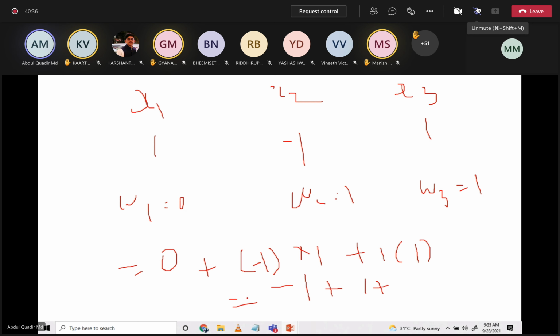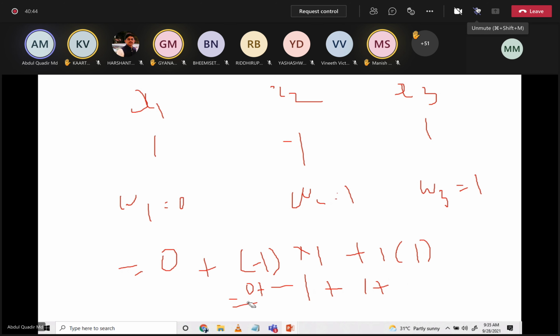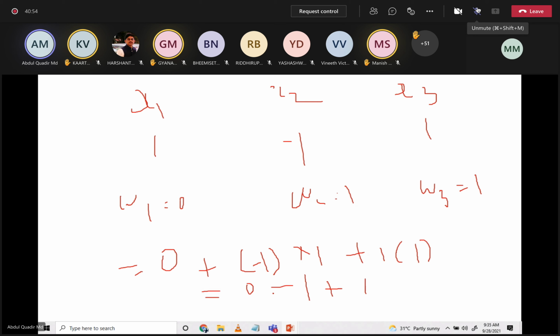So the sum is 0. Is 0 less than or equal to 0?